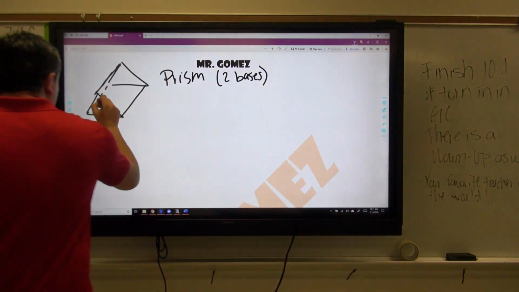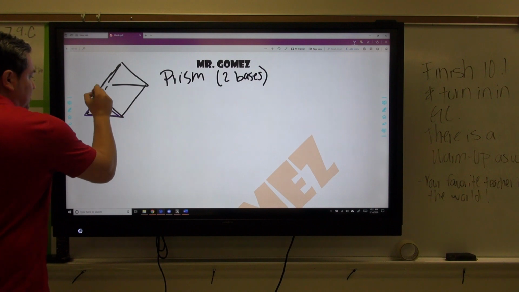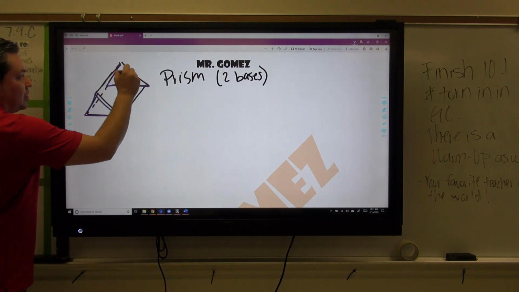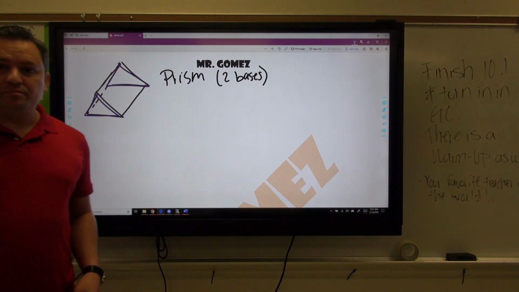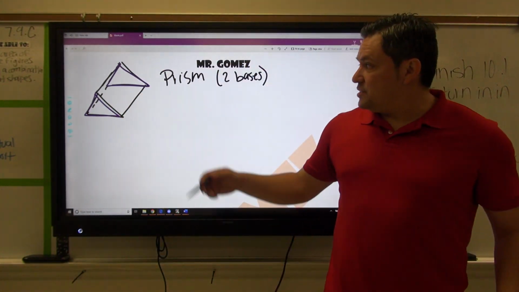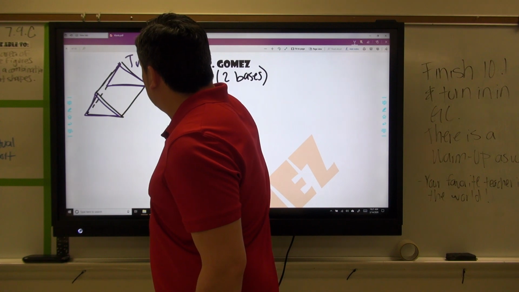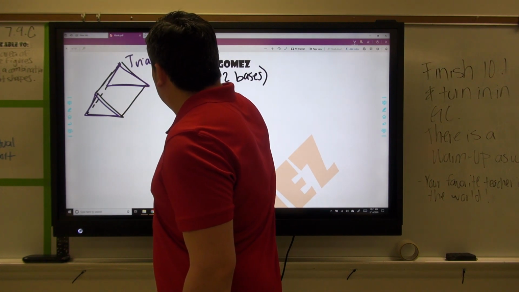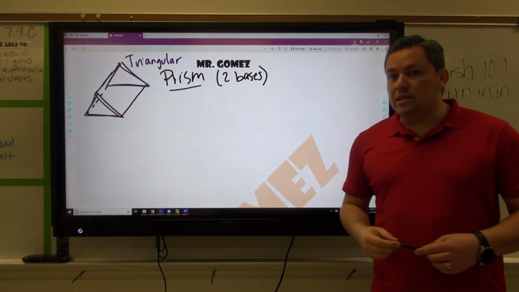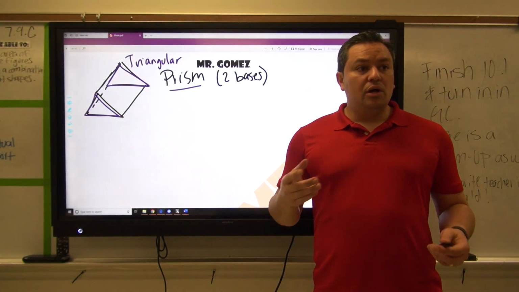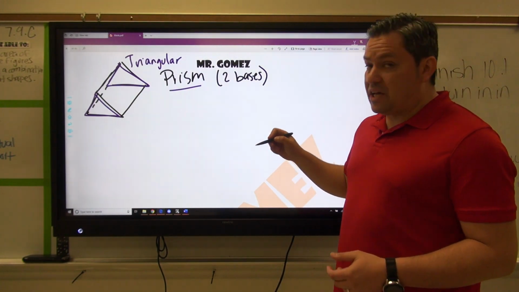This is going to be my base right here. What shape is that? Triangle. So this is going to be called a triangular prism.